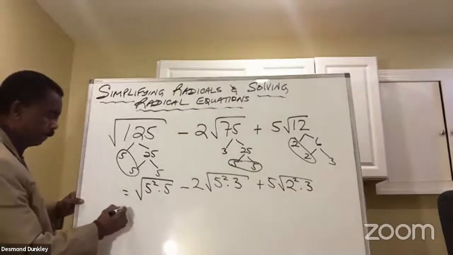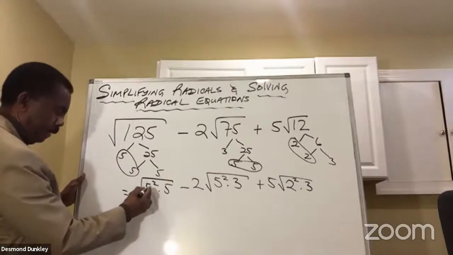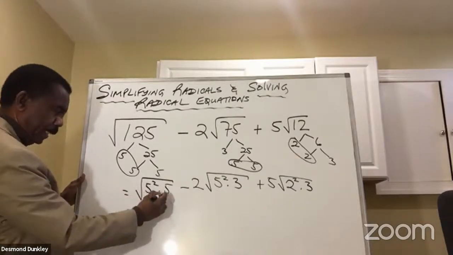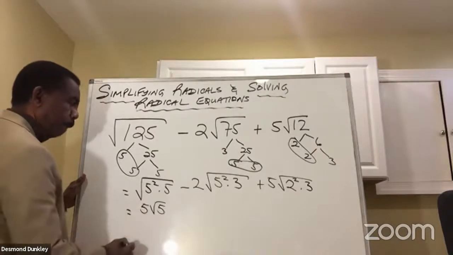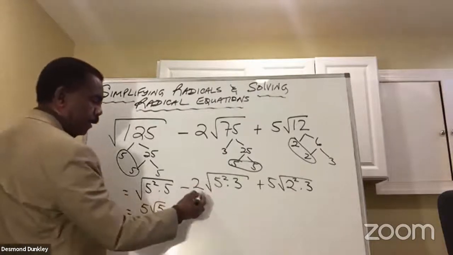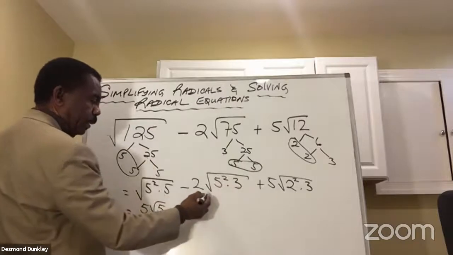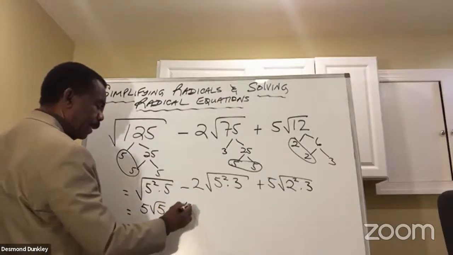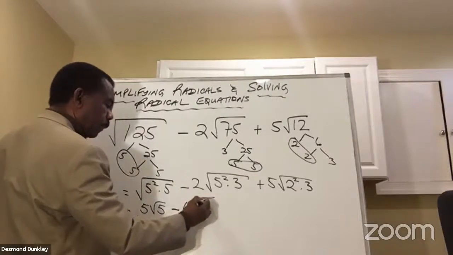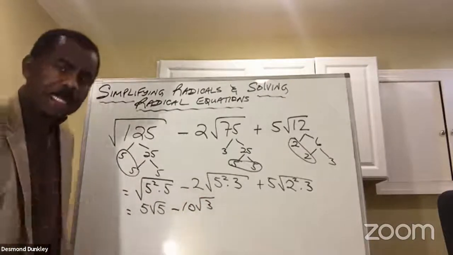Now we're ready to simplify. 5 comes out and 5 stays in. So this is 5 root 5. 5 comes out, 3 stays in. When 5 comes out, you have 5 times 2. So it is minus 10 root 3. How did we get the 10?